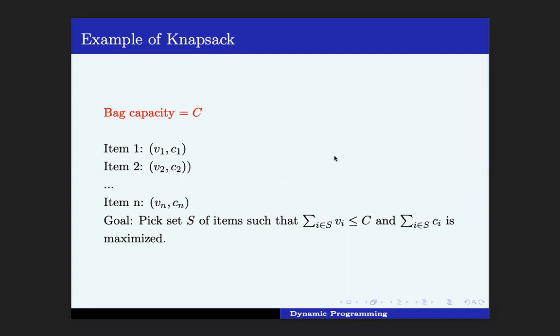Sir, the complication is how do we discretize the cost? Very good. How do you discretize the cost? For now, let's put a domain restriction.